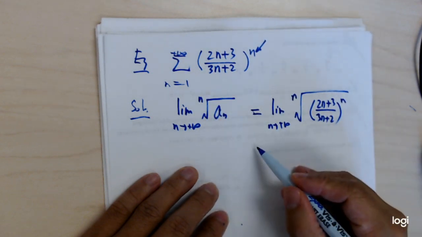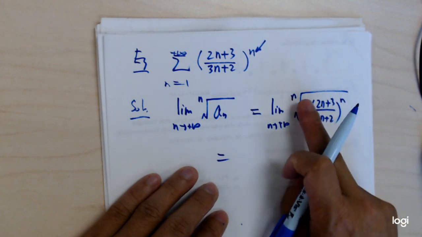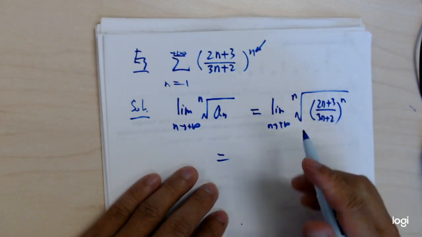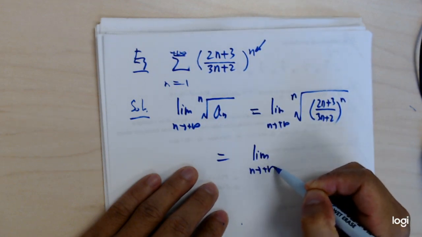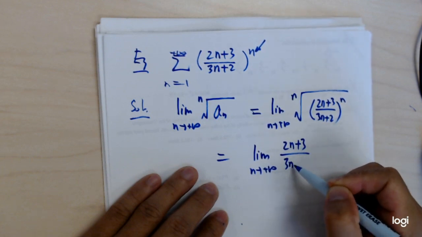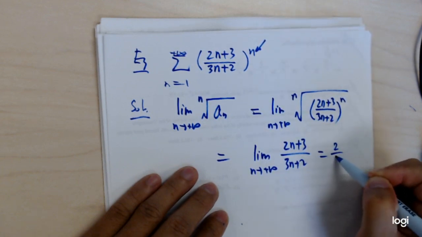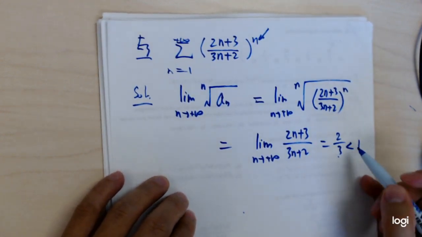And then this is power n, this is the root, so they cancel each other out. So it gets something like 2n plus 3 over 3n plus 2. And the answer is 2/3, which is less than 1.